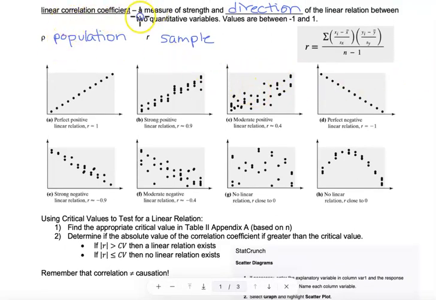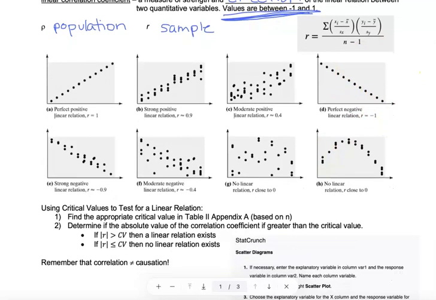On the linear correlation coefficient, the values are between -1 and 1. You've talked about correlation coefficients before, whether you remember or not. I know for sure it's in Algebra 1. I've given some pictures here of different types of relationships and the r values that would be associated with them.